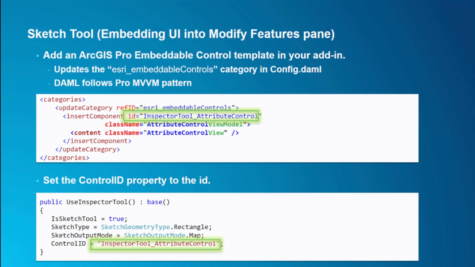And this control ID is the ID that you set in the declarative specification.